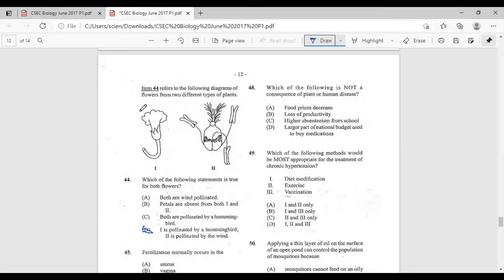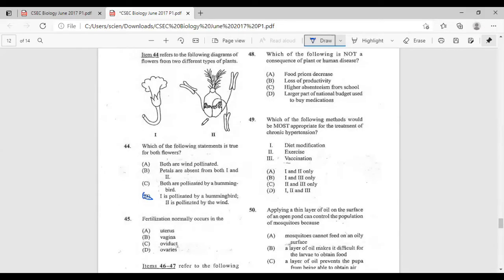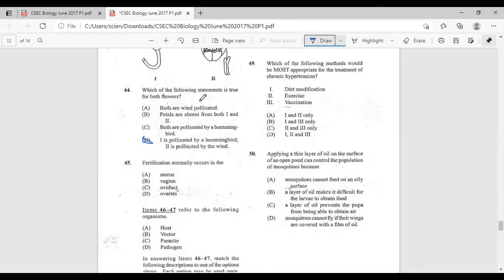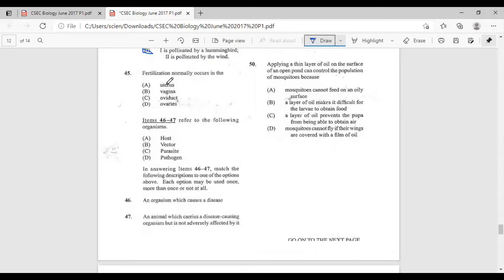And I know this because if we look at this flower, we can see that it is pollinated by animals based on its structure, its design. While this one, we can see that it must be pollinated by wind based on its structure, as the anthers are on the outside, so whenever the wind blows, pollen would move to a different plant and vice versa. 45.